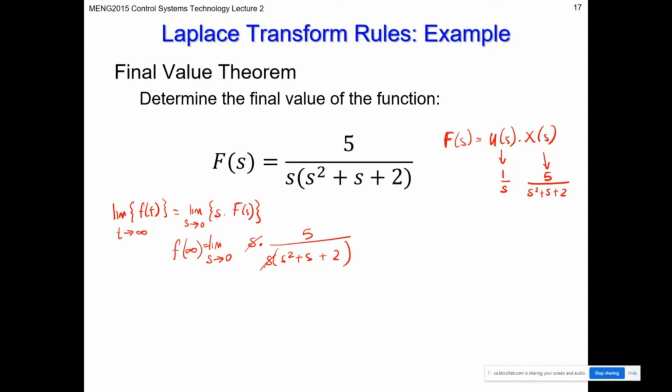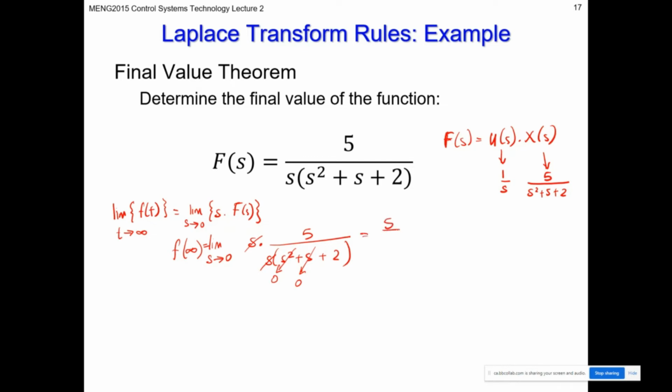You can see immediately these cancel, right? Our s in the numerator, which we introduced by our final value theorem, cancels with the denominator s, which we'd introduced from our step input. And now each of the remaining s's also goes to 0, because to find our limit we're setting s to 0.